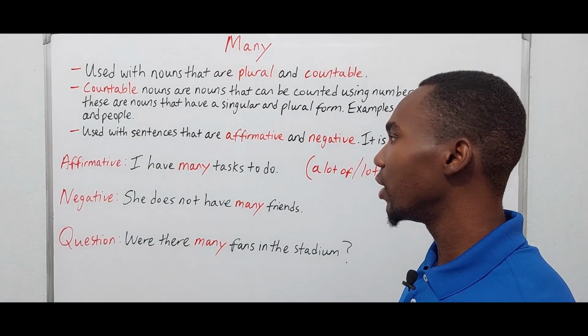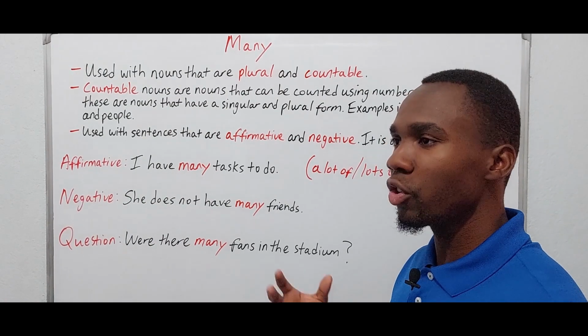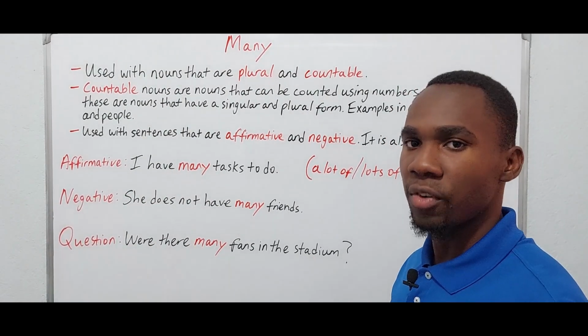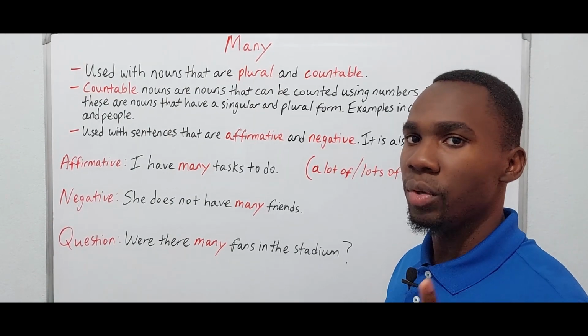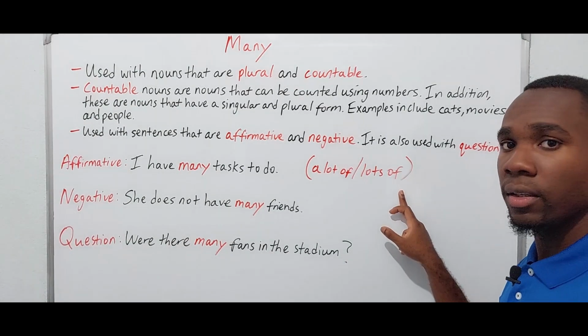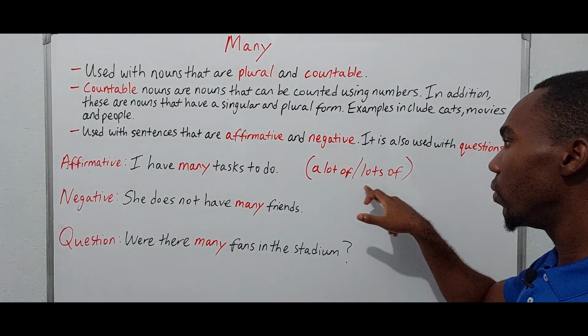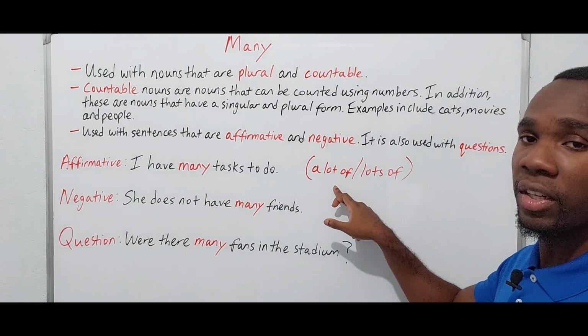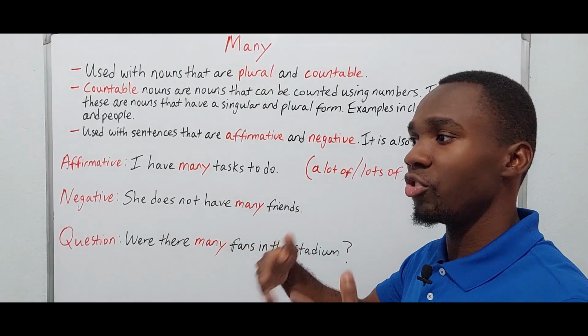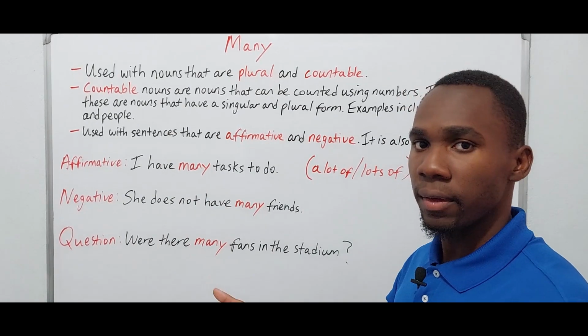In everyday English, although we do use many, some may say it is formal usage, and we would more use a lot of or lots of, right? Now these two quantifiers have the same meaning as many, right? Meaning a great amount of, right?